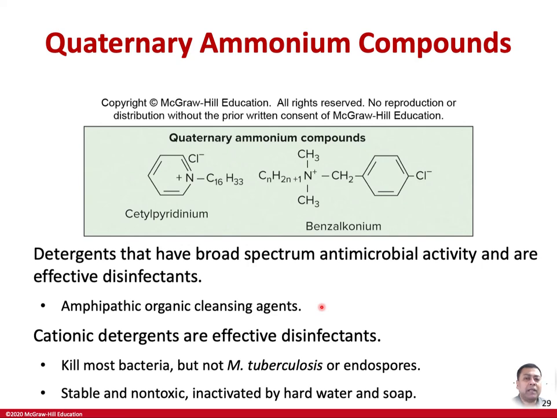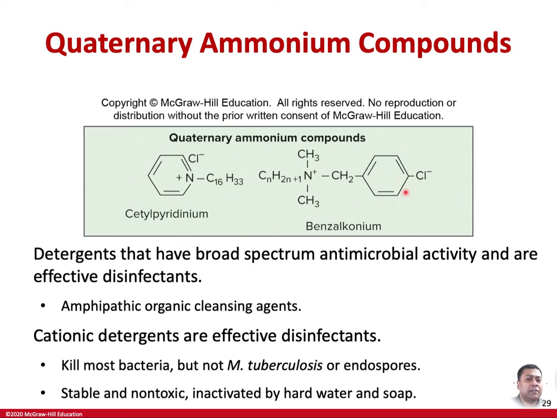The hydrophilic end is an ammonium ion in the quaternary state, and the nitrogen has a positive charge. Right here, this is the quaternary nitrogen, four bonds, with a positive charge. So this is the charged hydrophilic end, and as it is a positive charge, you can easily say it is a cationic detergent. On the other hand, this long hydrocarbon chain is the hydrophobic end.